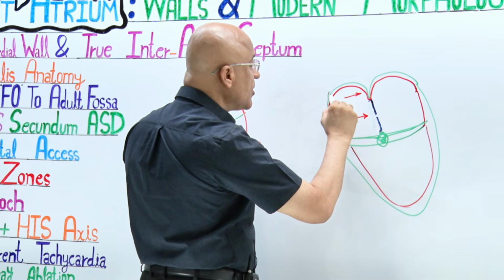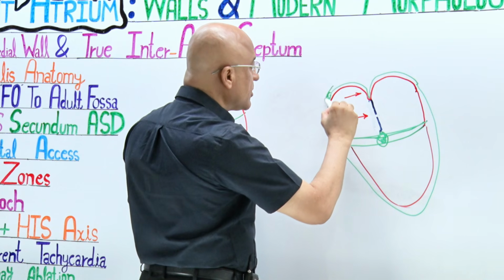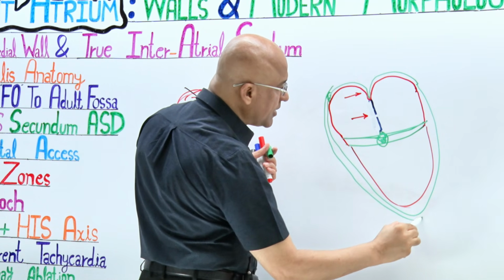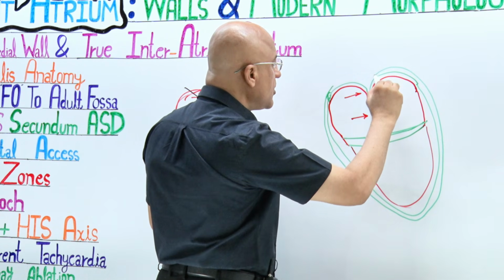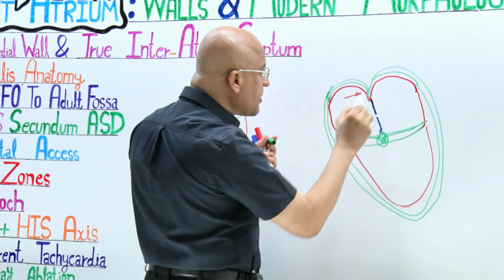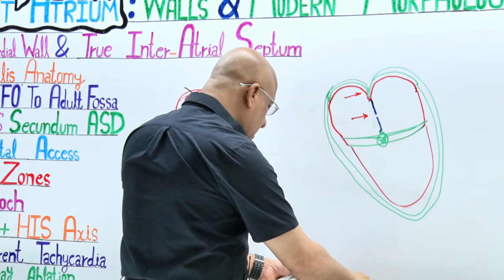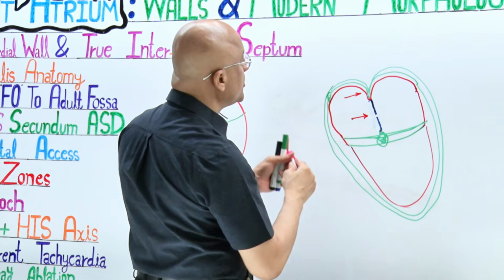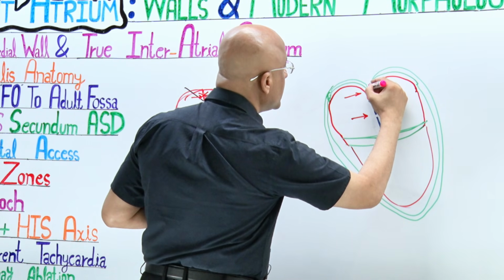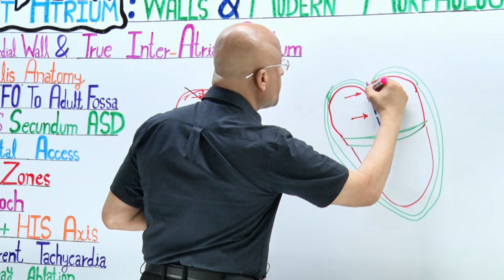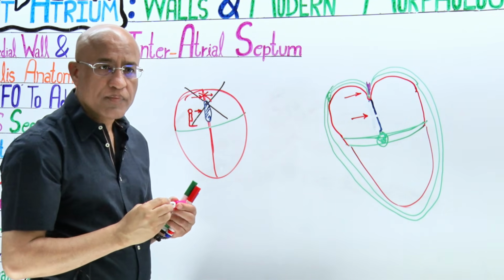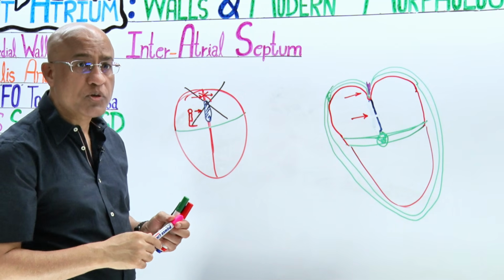Look at it, right? There is visceral pericardium and there is parietal pericardium. Both of them are going here. And even there is, let's suppose here, there is adipose tissue also, which is extra cardiac adipose tissue.